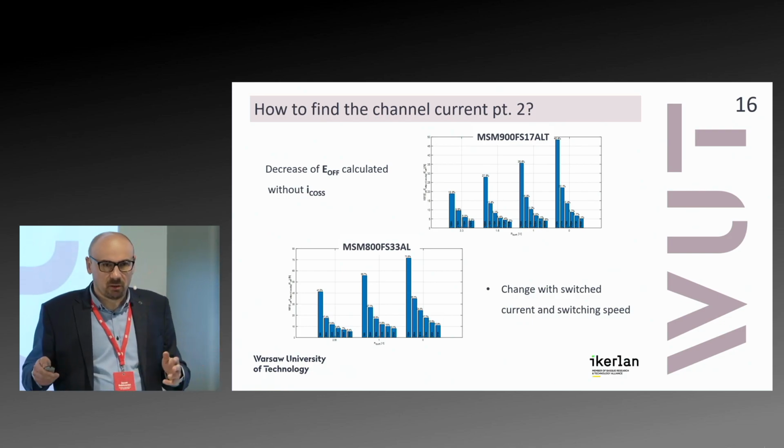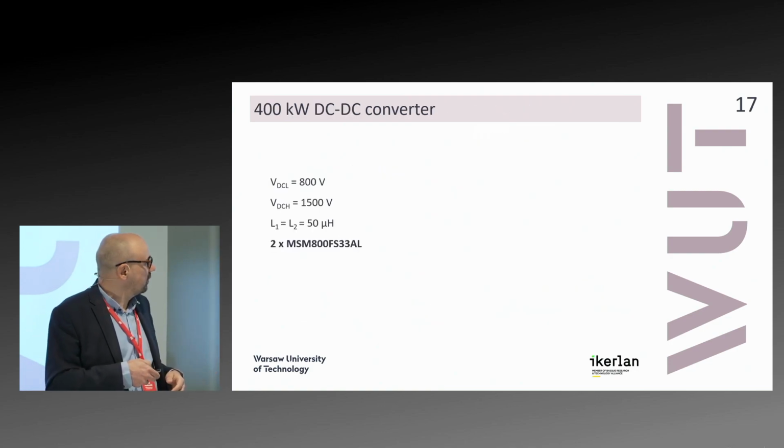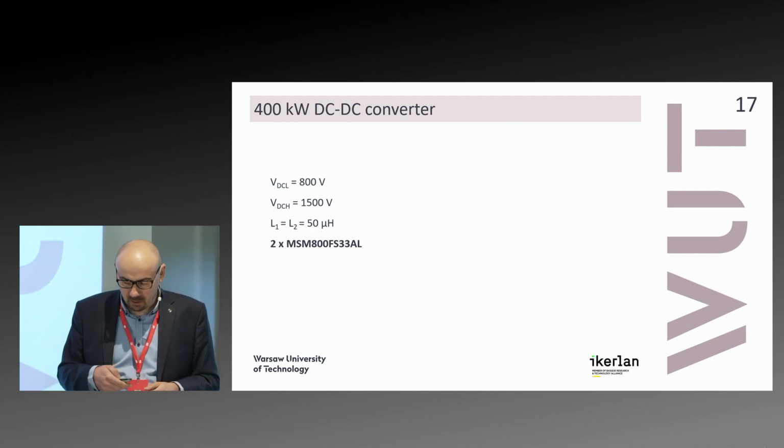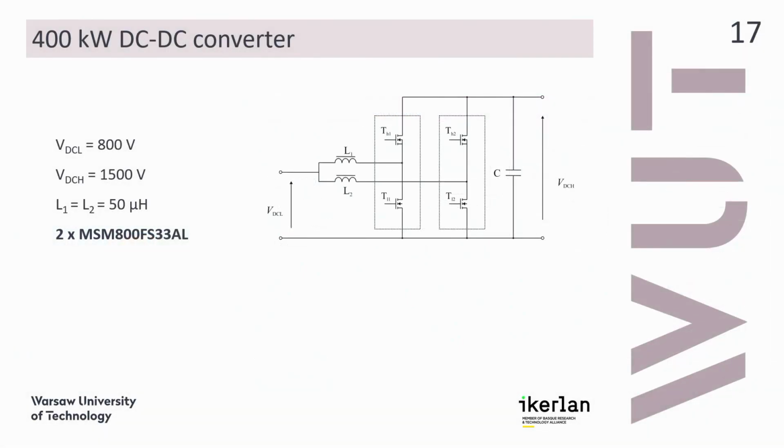And just to not end with this slide, I made a very rough calculation of the power loss for a two-phase DC-DC converter. Basically, we're doing something similar for energy storage. It connects the 800 volt DC link with a 1.5 kV battery.